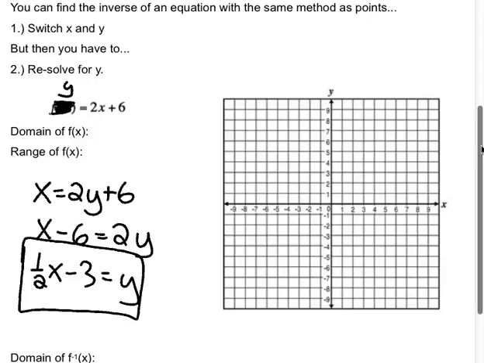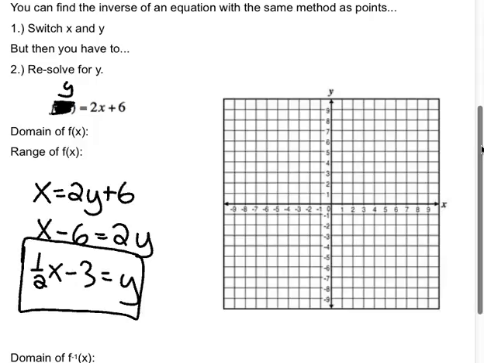And that is going to be my inverse function. I'm sorry, inverse relation. So with equations, it's the same thing as you've been doing. Swap x and y, but this time you're just swapping the variable, and now resolve for y.